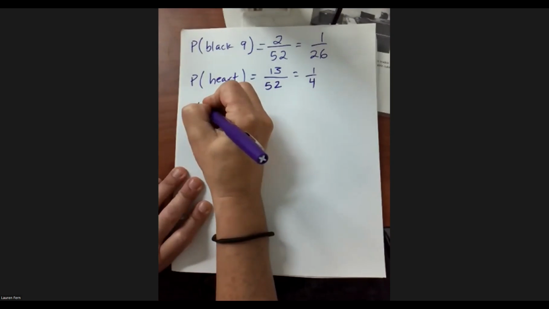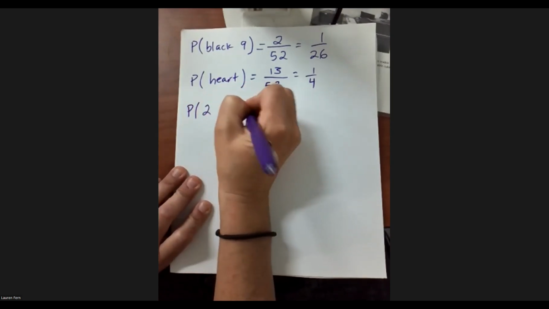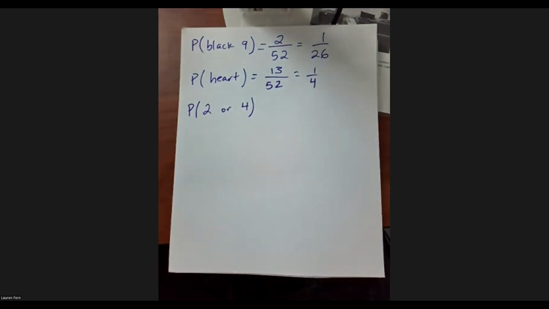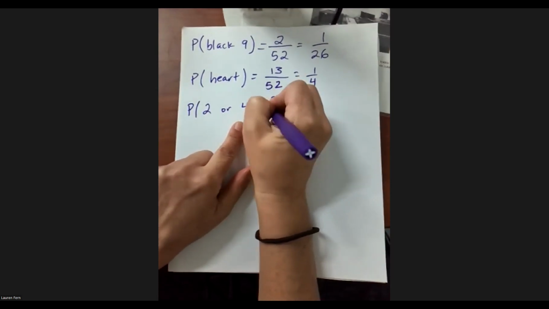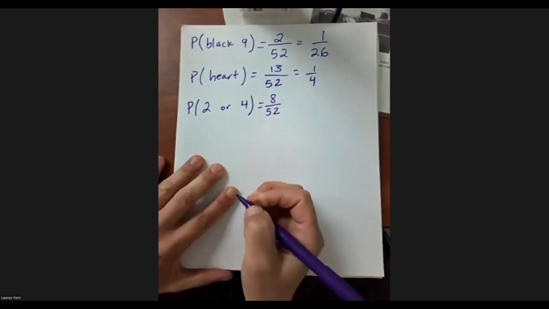What's the probability of drawing a 2 or a 4? Well, how many cards are 2s or 4s? 8, right? There's 4 2s and 4 4s. So we have a total of 8 out of 52.